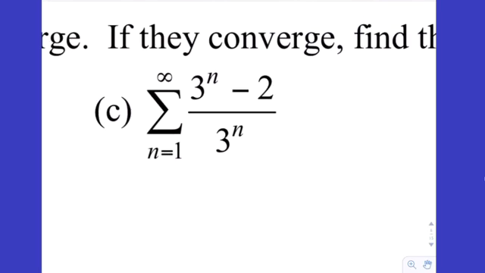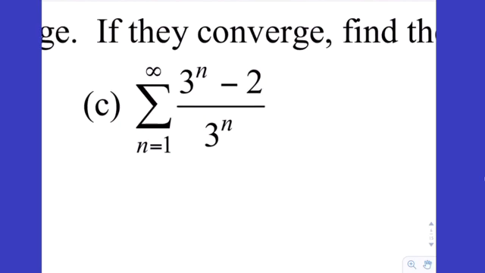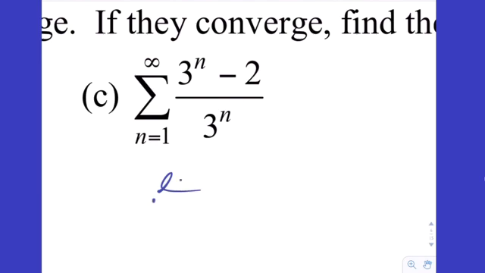All right, letter C. 3 to the n minus 2 over 3 to the n. Diverges. It's in this section, so it maybe is going to diverge, but let's see why. Maybe it's not as intuitive, or maybe it is. You have 3 to the n minus 2 all over 3 to the n.